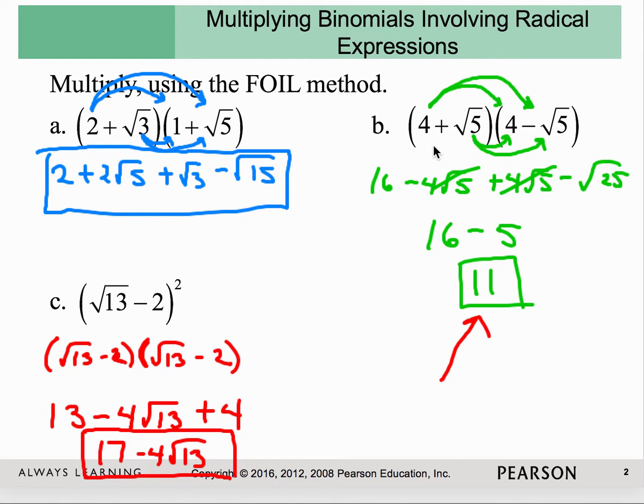Remember, we could have also used a shortcut to multiply this out. Square the first one. It's always a minus. And square the second one. If you square a square root, it goes away. Okay? So these are special products. And in particular, I want to keep this in mind and what happens.